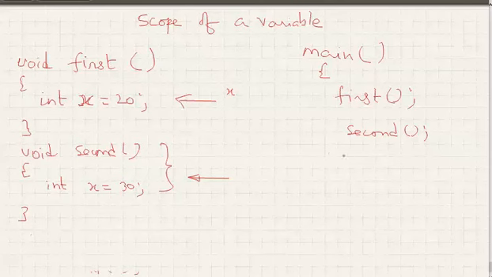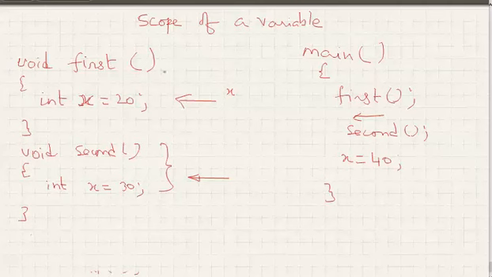And I say x is equal to 40. So when I call the function first, it initializes the variable x equal to 20, and between these two function calls, this x is not visible at all.